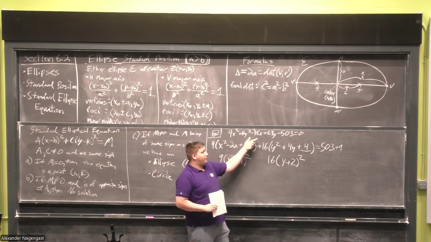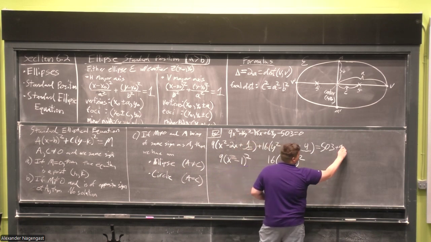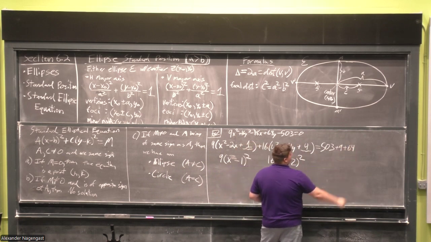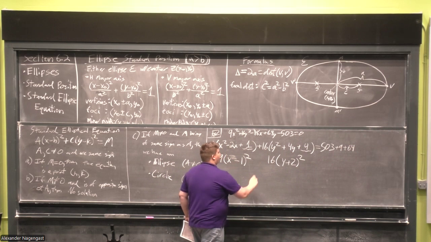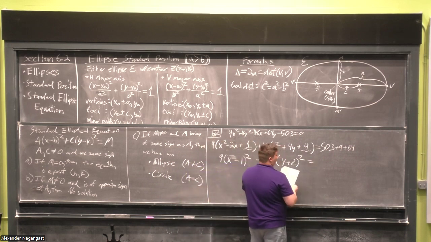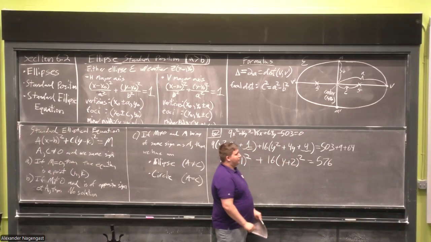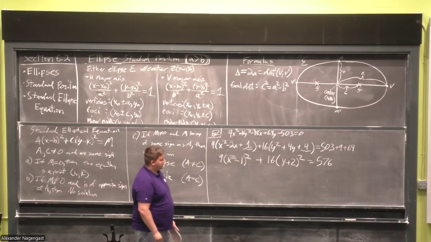What is that? 64. So we essentially added a 64 here, so we have to add a 64 here. Okay, well, let's fill in the plus there, equal sign here, and we get 576 for the right-hand side.